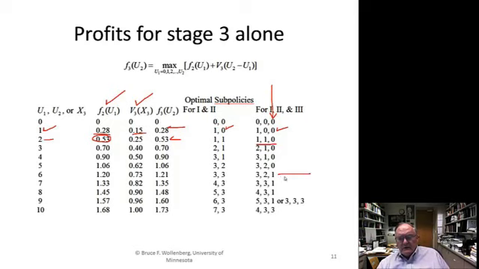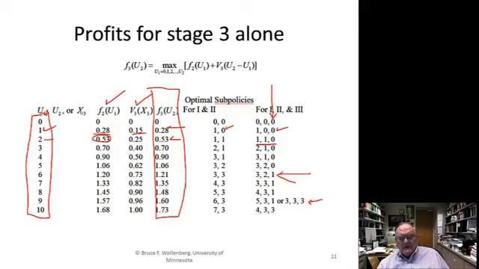Now here it turns out that we're a little better off to start to spread the allocation around, and instead of going 3, 3, we go 3, 2, 1, 3, 3, 1, and so forth. Here we have a split. It can be either way, and you get the same cost. So now we have created the table for F3 of U2, and there's the U1 or U2 or X.